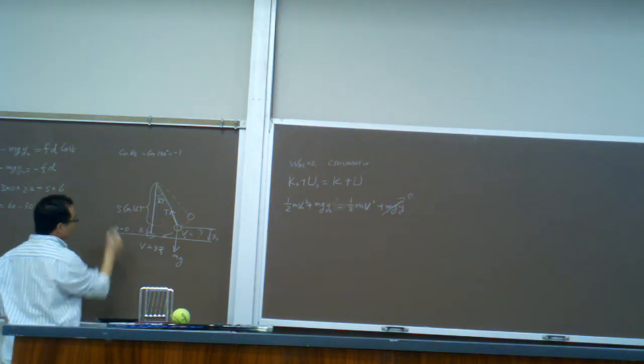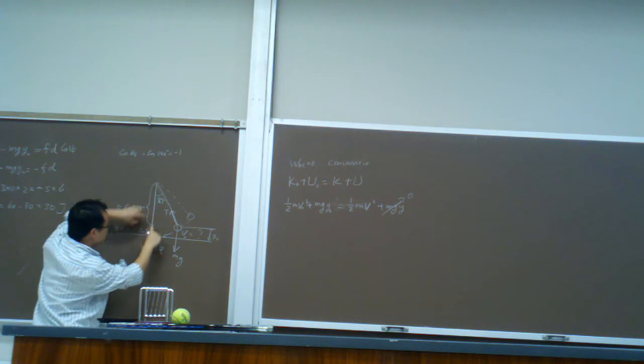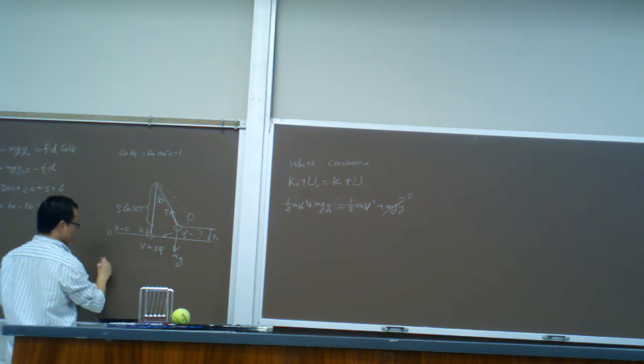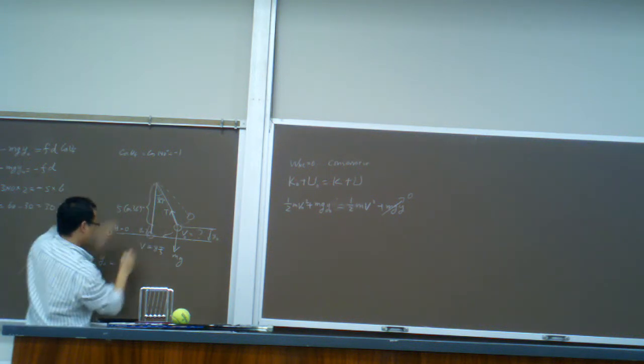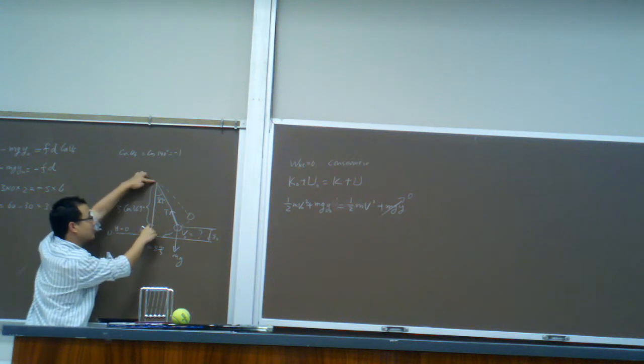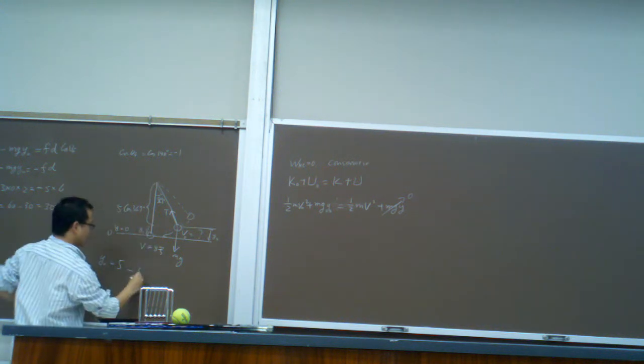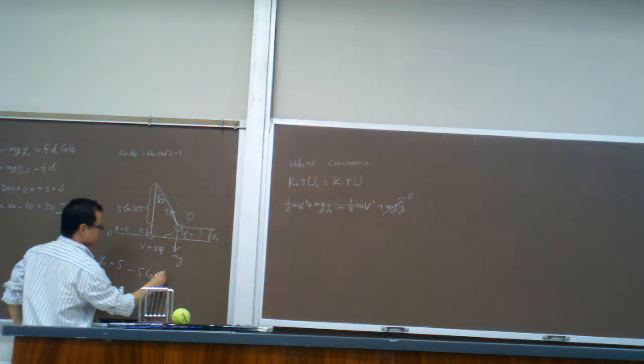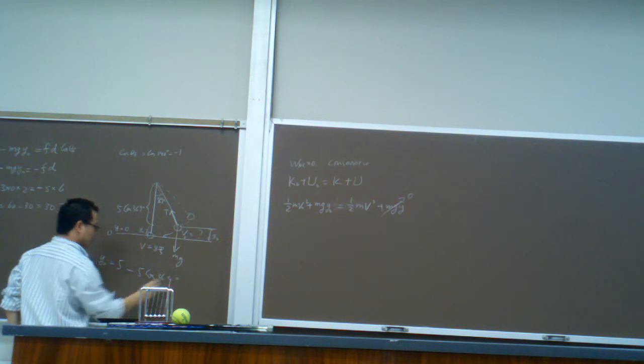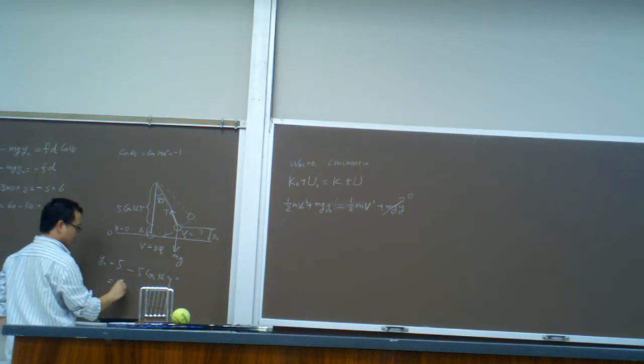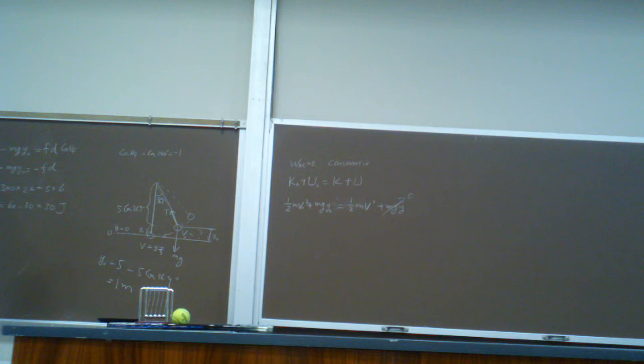So then y naught has to be the total length 5, subtract this length, which is 5 multiplied by cosine 36.9 degrees. You can check this equals 1 meter. So the initial height y naught equals 1 meter. That's the key for this problem.